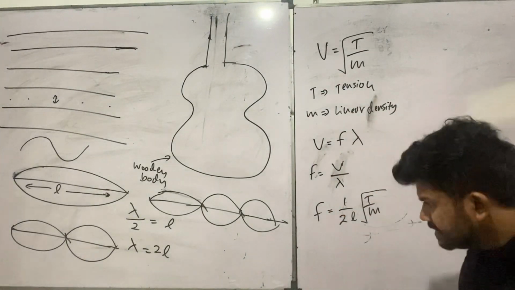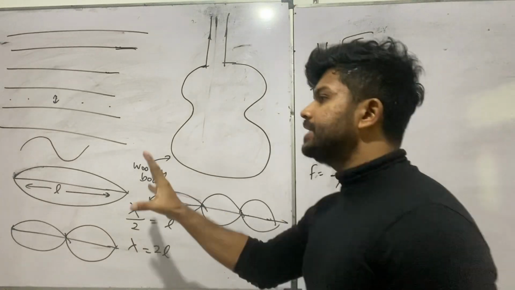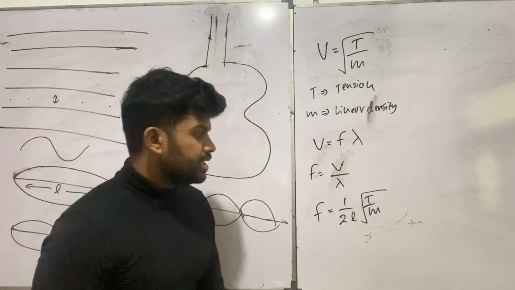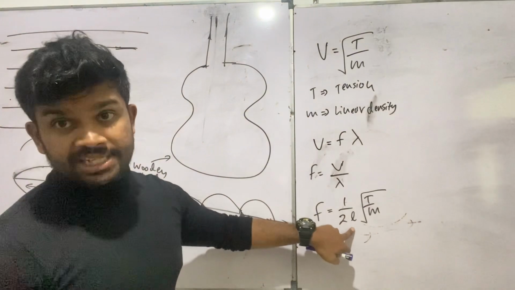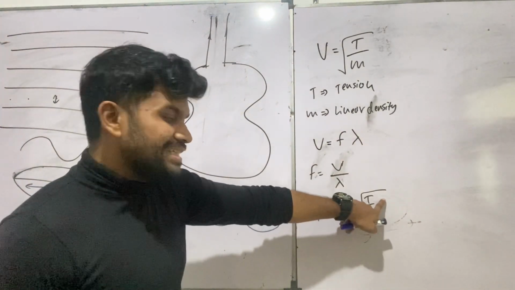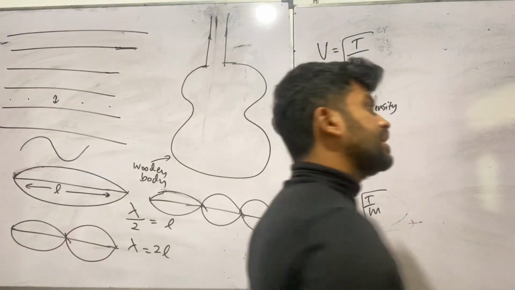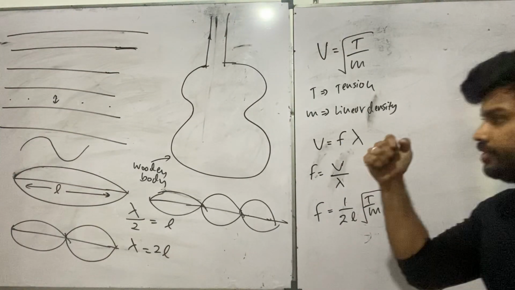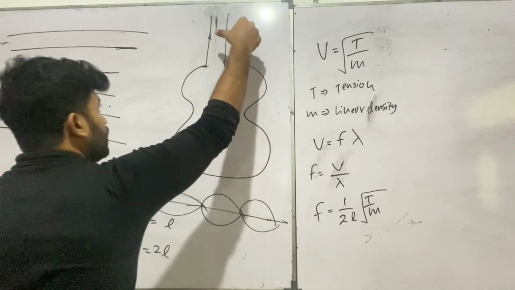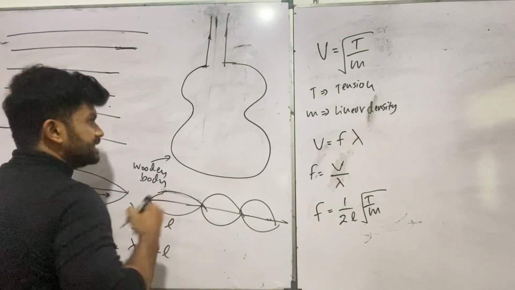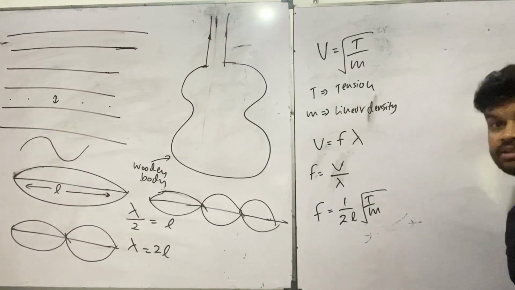Now you can see the frequency depends mainly on 3 factors. What are those 3 factors? First of all, L, the length, the tension of the string, and the linear density. Now why do we keep our fingers on the fretboard, or why do we press those strings? This is the factor.